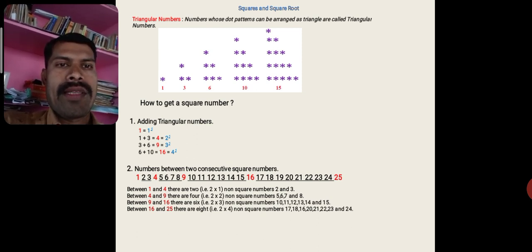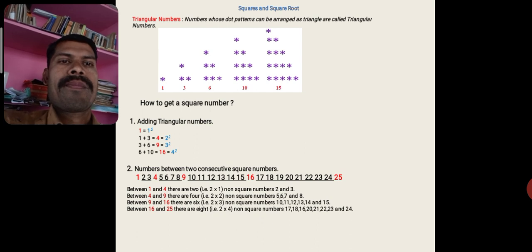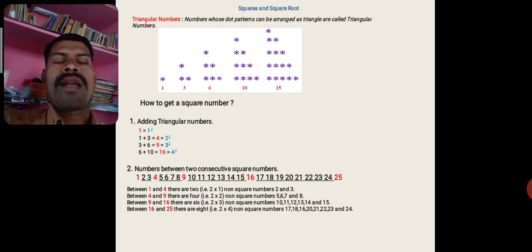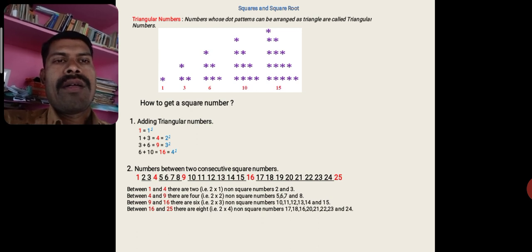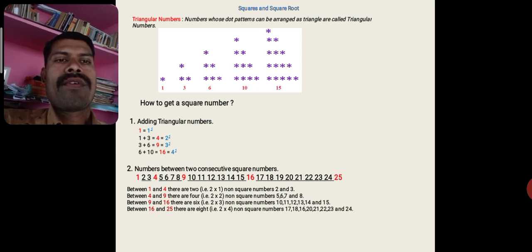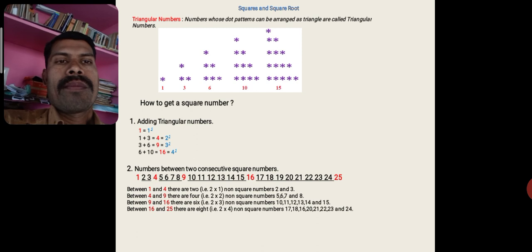Now by observing this, how many non-perfect square numbers will be present between two square numbers, we can generalize here. That is 2 into 1, 2 into 2, 2 into 3, 2 into 4. By going on like this, 1, 2, 3, 4, 5, 2 is common.